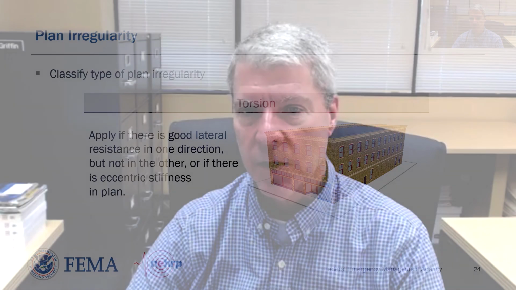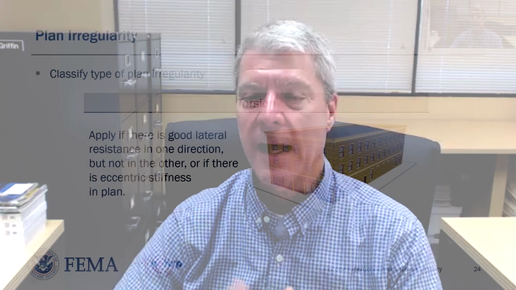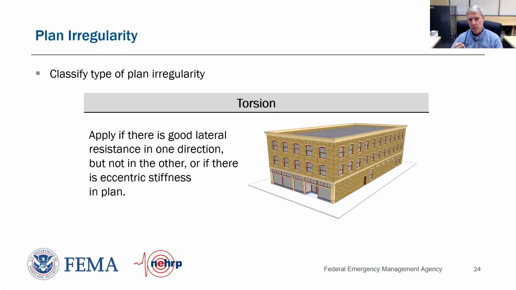So we're creating a condition on one side of the 4 that is weaker at the base of the structure than the other 3 sides. And so when this building is shaken, this side, which has the weaker first story, is going to displace more than the other side in plane of the building due to the more solid walls on that other end. And so what this does is it introduces torsion or twisting in our building as a result of that. And so we flag that and score that as a plan irregularity.